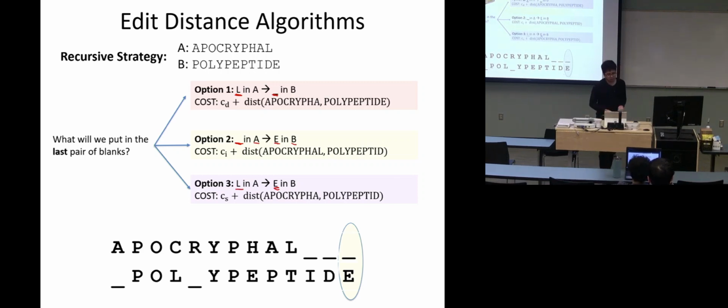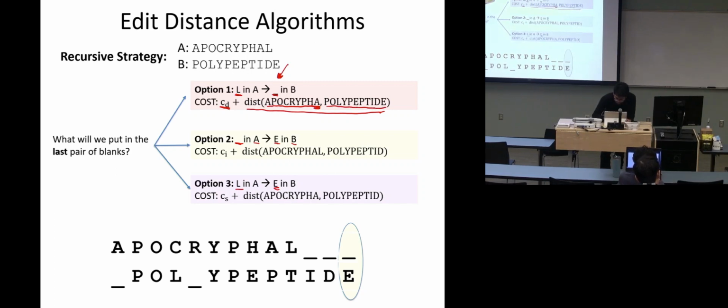So that's the 3 choices, and for each choice, you know the cost. If you delete in the last index of your alignment, you need to pay the delete cost, and you recurse on the first word A, but you don't have L here.